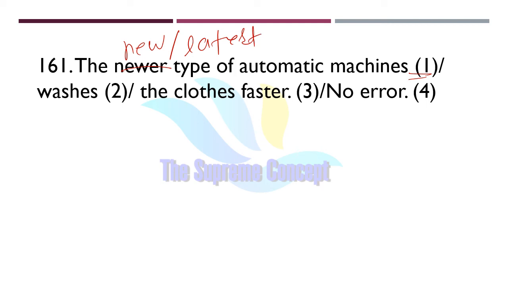There is no word newer used here. It is totally wrong to use newer. So we will use the new type of automatic machines, or the latest type of automatic machines. So error lies in part number 1 here.